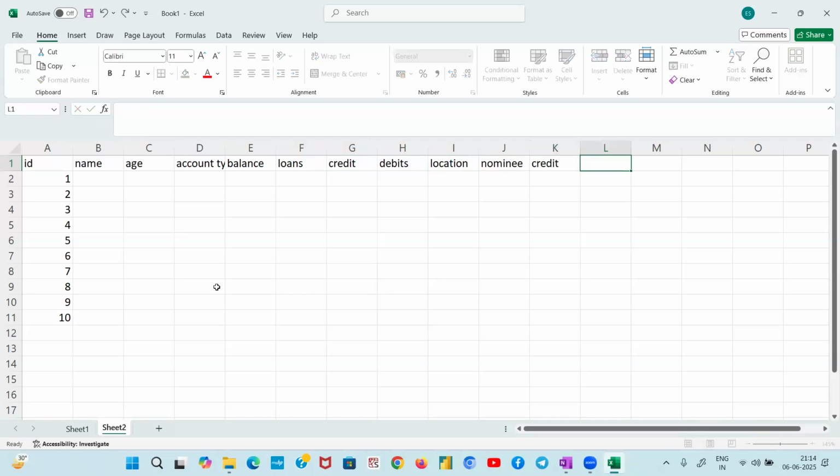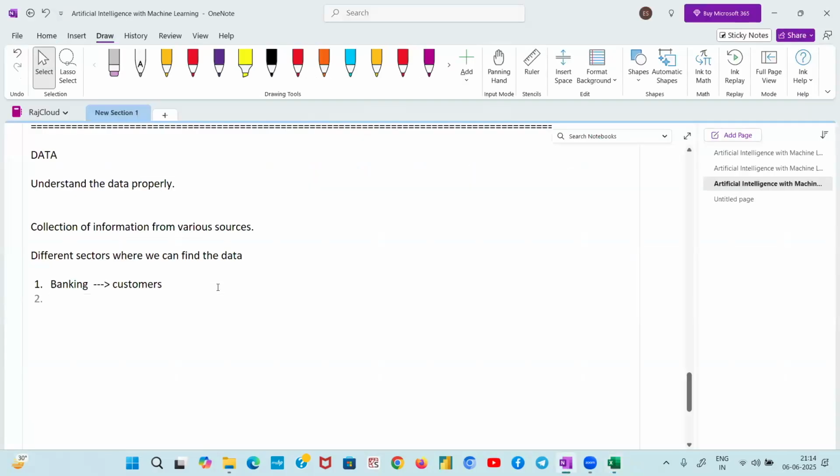So all this information will be there regarding every customer in the banking sector, right or not? So this is also some kind of data.